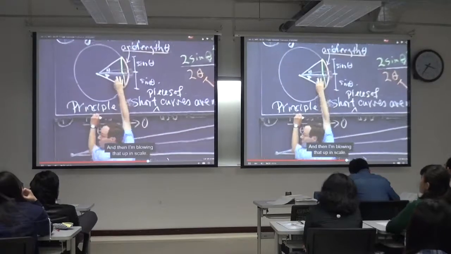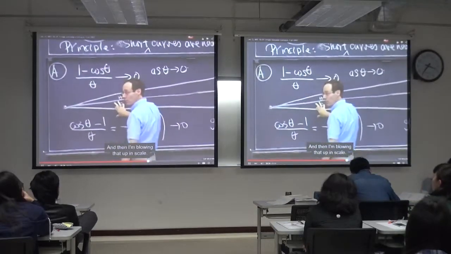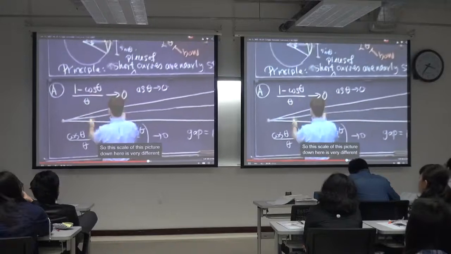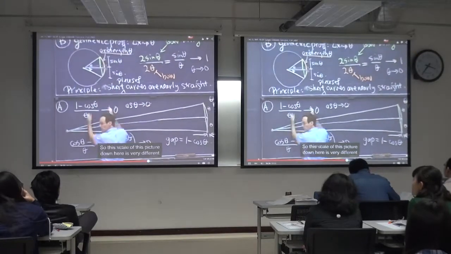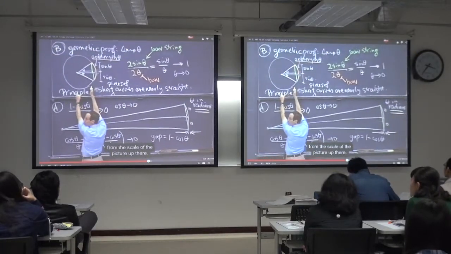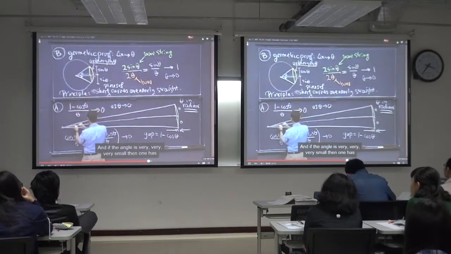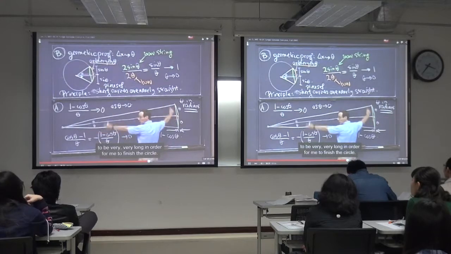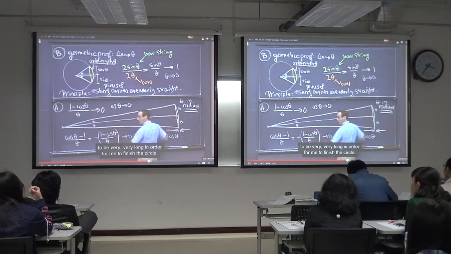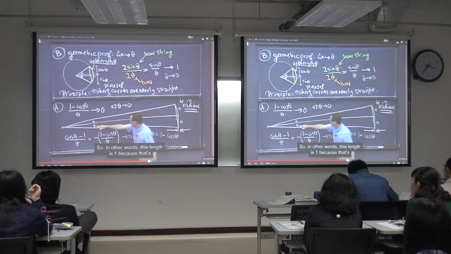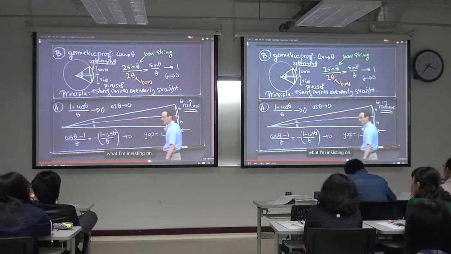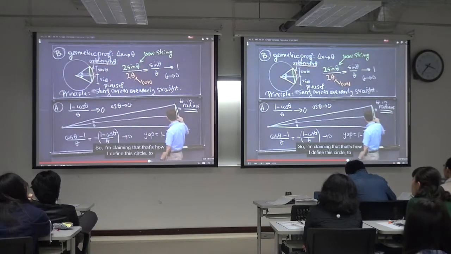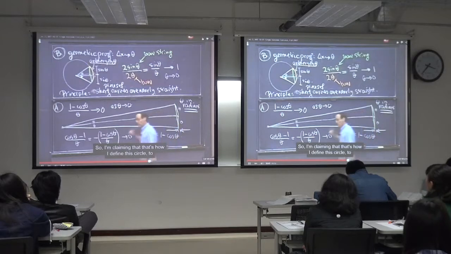And then I'm blowing that up in scale. So the scale of this picture down here is very different from the scale of the picture up here. And if the angle is very, very, very small, then 1 has to be very, very long for me to finish the circle. So in other words, this length is 1 because that's what I'm insisting. So that's how I define this circle.